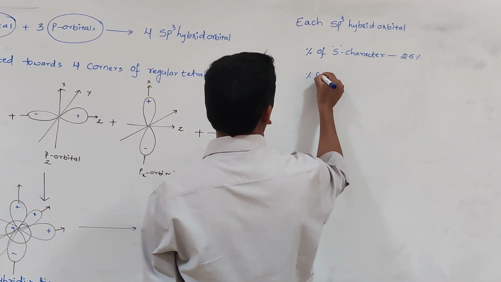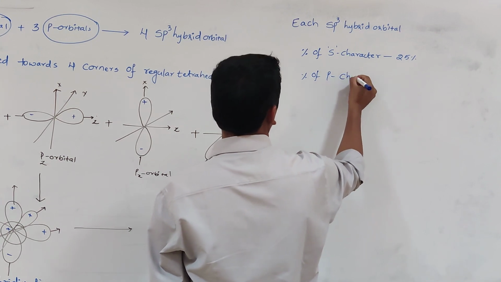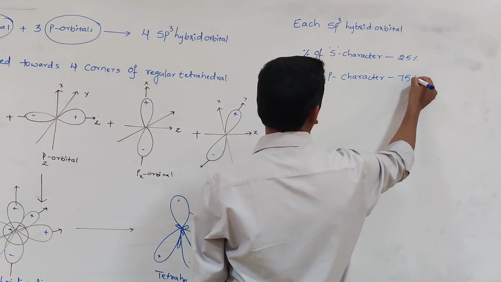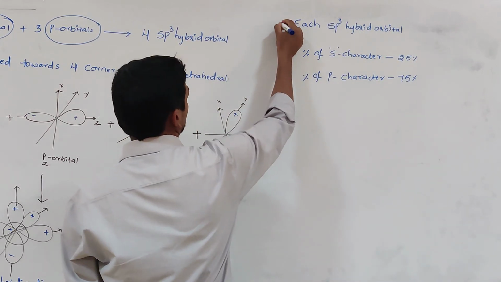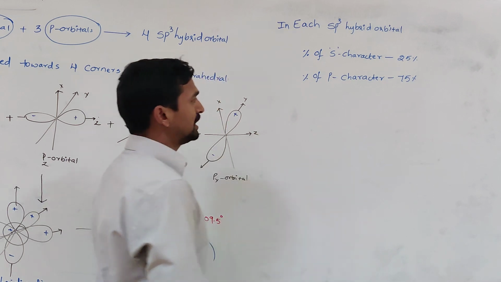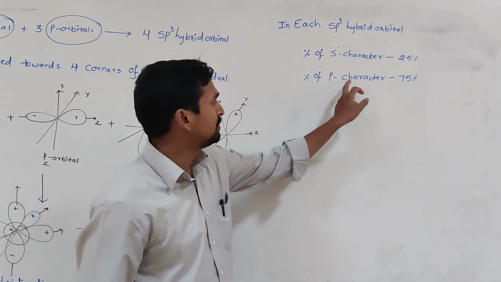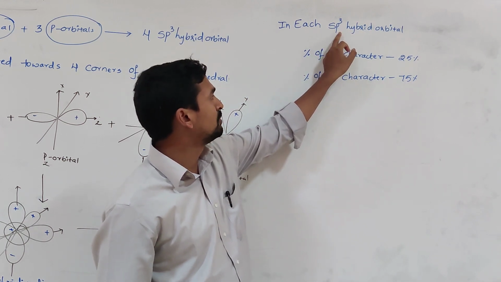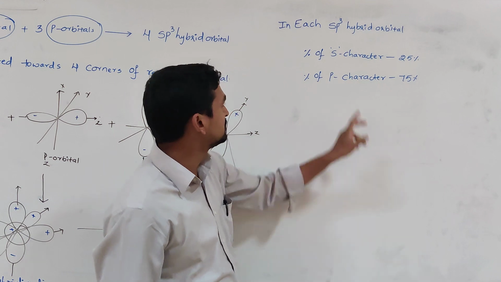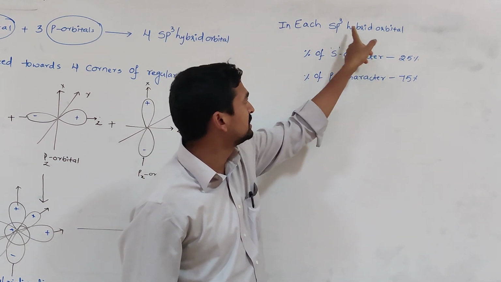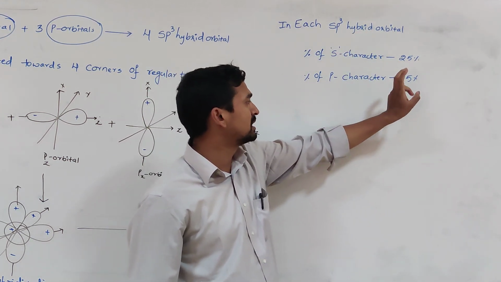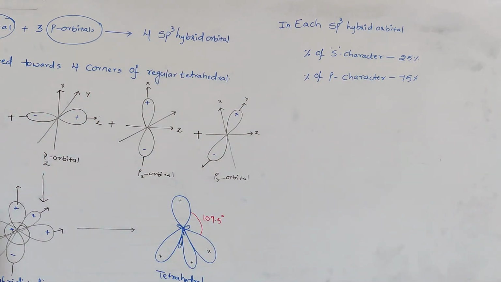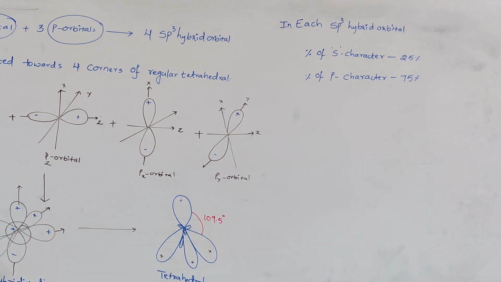The percentage of p character is 75%, because four hybrid orbitals are there. So each one is 25%, so the s is only one 25%. Each p is 25%, the 3 p orbitals are hybridized, so that's why the percentage of the p character is how much? 75%. So this is about the sp3 hybridization.